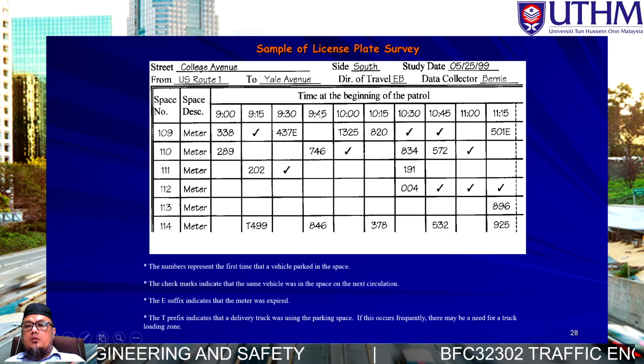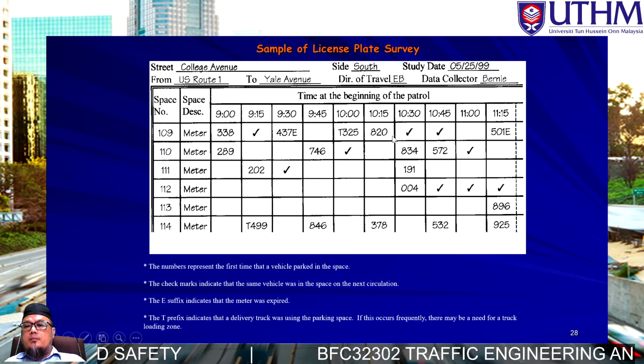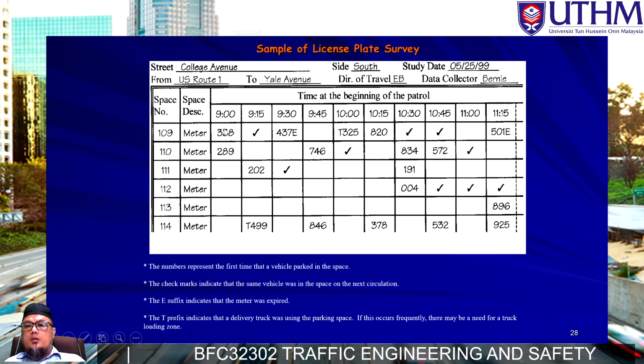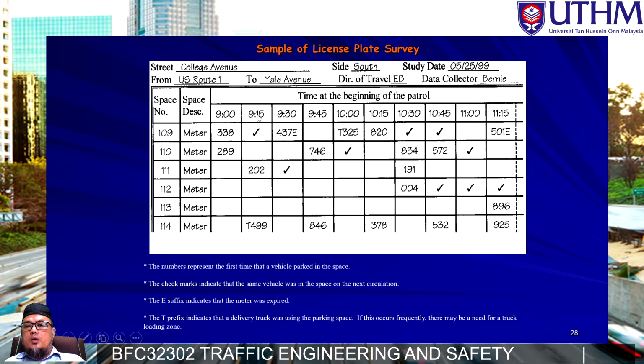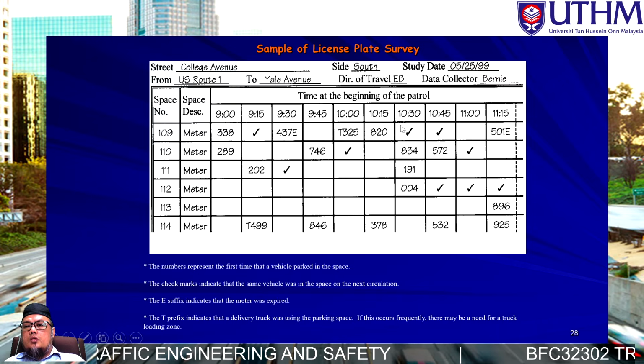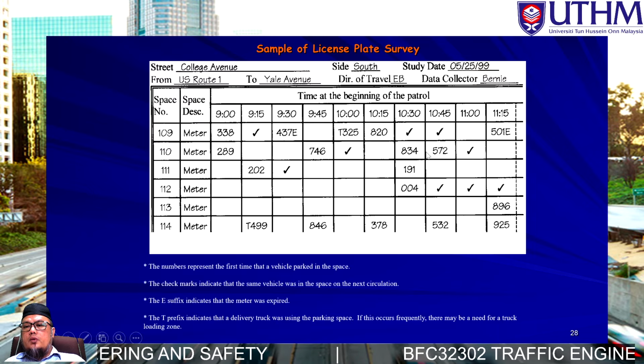They put T to indicate that that particular space at that hour is occupied by a truck. The dash indicates that the same vehicle continues parking to this period. This one is empty, there's no vehicle parking, just free. This one parked for a longer duration, from 10:15 to 10:45.